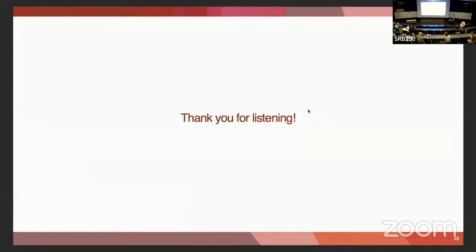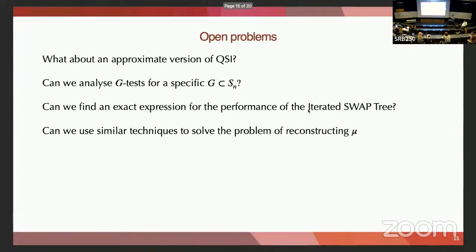I'd be interested in your speculations about the approximate case that you mentioned at the end, because it seems like a very natural question. I'm wondering whether you expect that the same kind of techniques apply, or is there something fundamentally different about the approximate version?